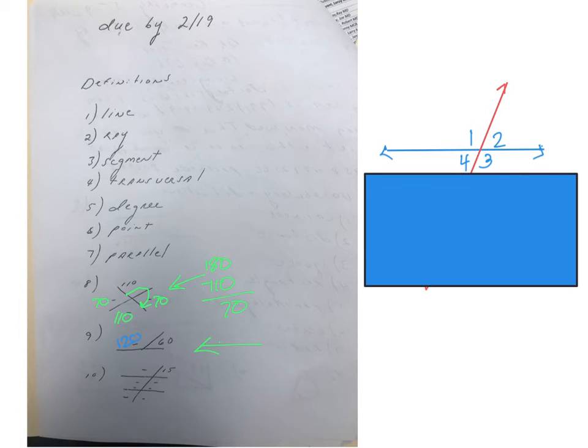So if you look at just one line and the transversal that cuts it, you have a set of intersecting lines that have those 4 angles, just like what we've talked about already. And so what we know about those is that the angles that are opposite each other, the vertical angles, are congruent. So we know that angle 1, for example, is equal to angle 3. And we know that angle 2 is equal to angle 4, automatically because of that.